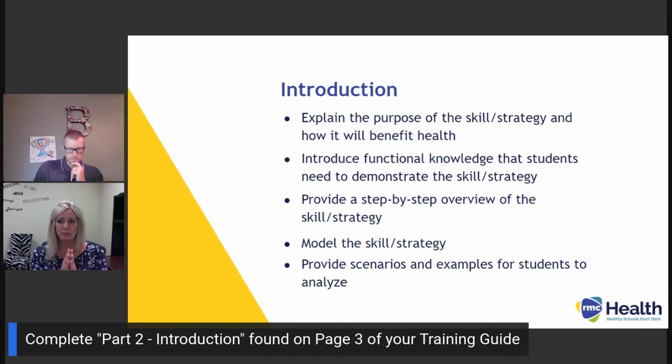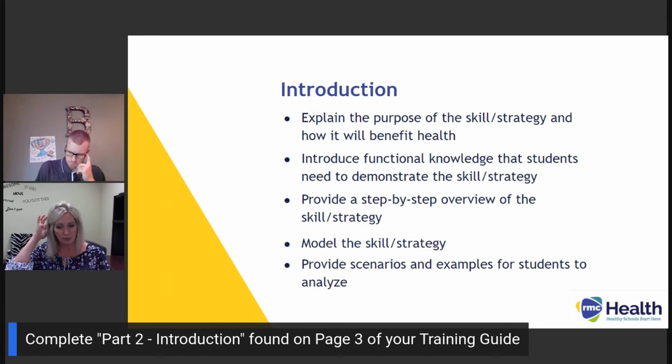And then the third, provide that sequential process, that step-by-step overview of the skill. When Brad and I did our alien example, what has to come first? You've got to get the bread out before you can spread anything on it. So provide a step-by-step look at it and then model it.